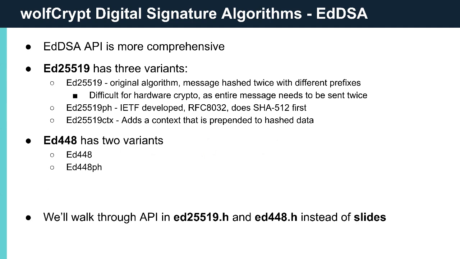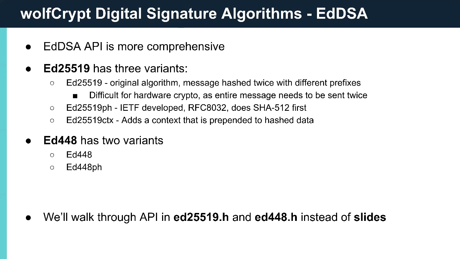Again, this API is a little bit more comprehensive. One thing to note here is that there's different variants of these algorithms. So Ed25519 itself is the original algorithm. The message is hashed twice with different prefixes. It turns out it's difficult for hardware crypto to do since the entire message you have to send in twice to be hashed. Because of that, there's some different variants that emerged. Ed25519ph was standardized in RFC 8032, which does a SHA-512 operation first.